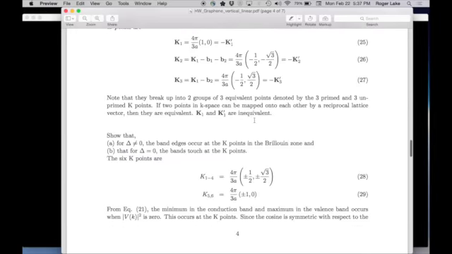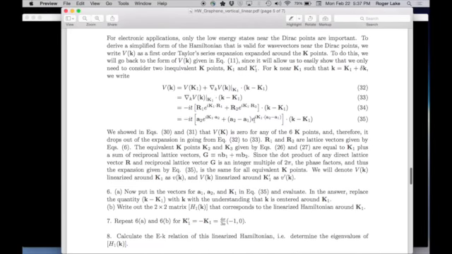And so in the next homework, what you're going to do is what they say is linearize it around these high symmetry points. So K is one of your K points, and then you just do a first order Taylor series expansion of V around that K point. So this constant term drops out because you've already shown that V at the K points is 0. Right? So that's gone. So basically you're just looking at this.